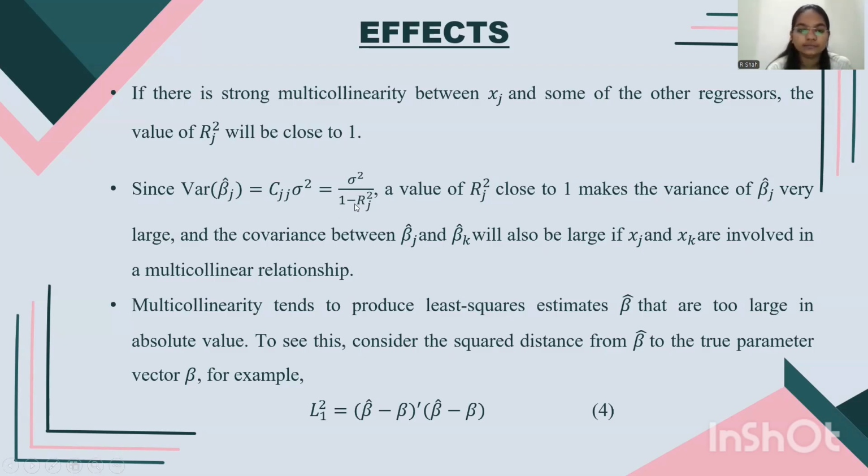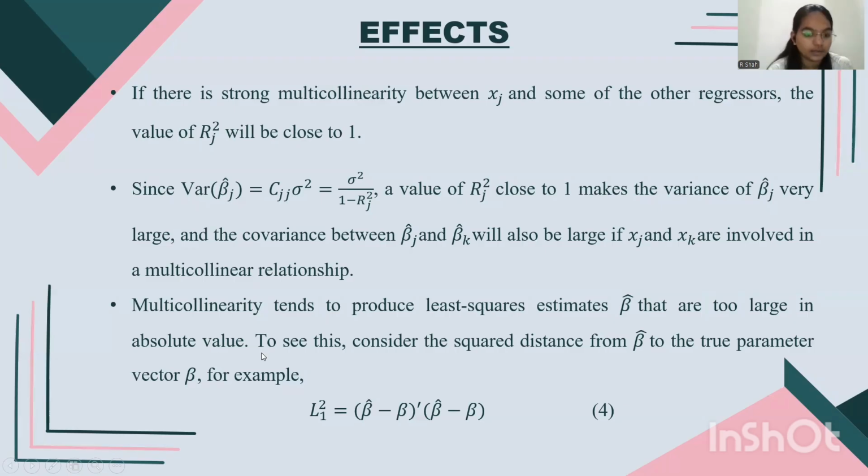multicollinear relationship. Multicollinearity tends to produce least squares estimates beta cap that are too large in absolute value. To see this, consider the squared distance from beta cap to the true parameter vector, for example L1 square equals beta cap minus beta dash into beta cap minus beta. That is equation number 4.